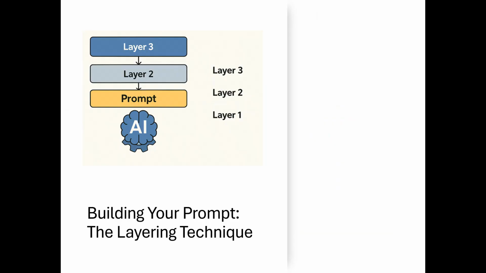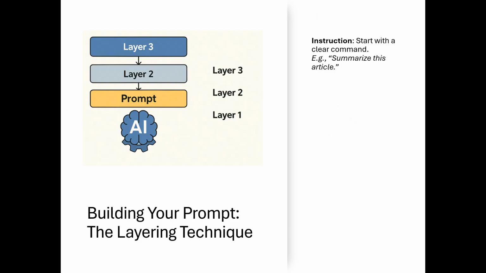So you're building up layers, you can imagine it as. You start with your initial prompt, you build up layer 1, layer 2, layer 3, etc., on top of your initial question or conversation that you're having with your AI. And this is called a layering technique.